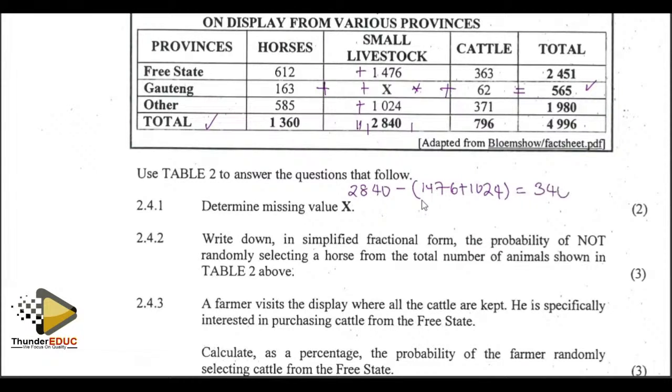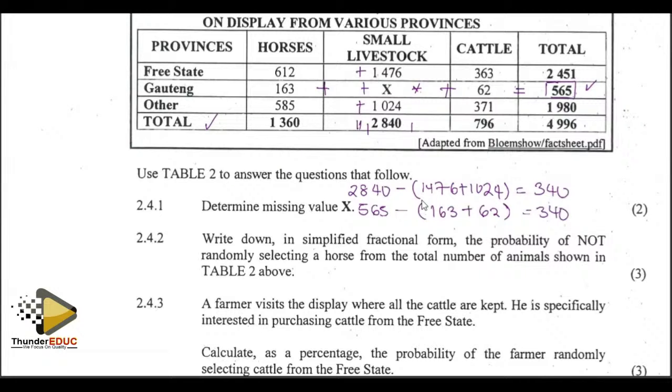Another person, who took this other option here, you would say 565 minus bracket 163 and 62. You still get the same answer. Please, you pick one option, don't vote.